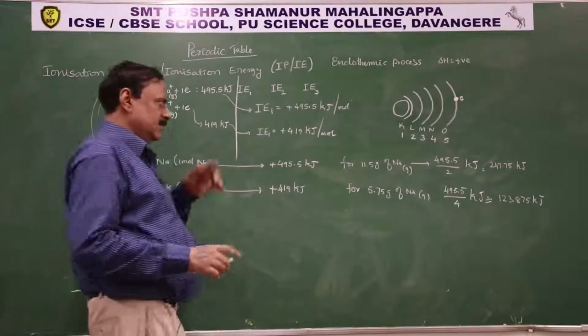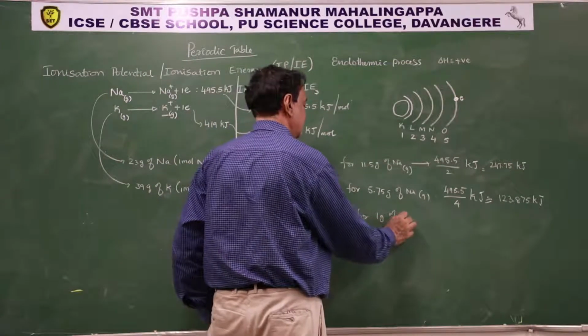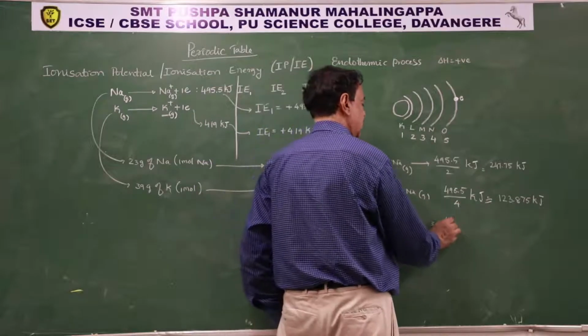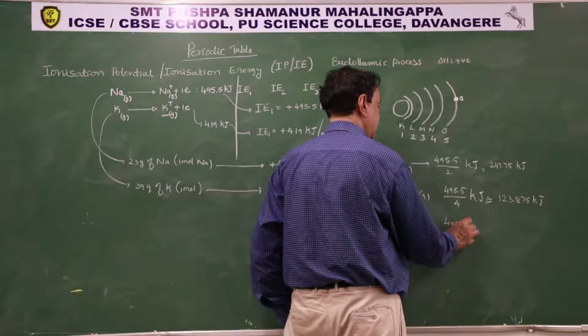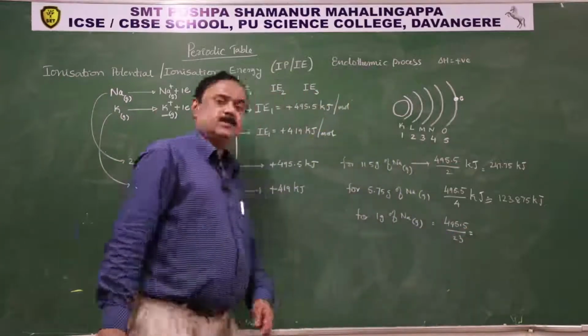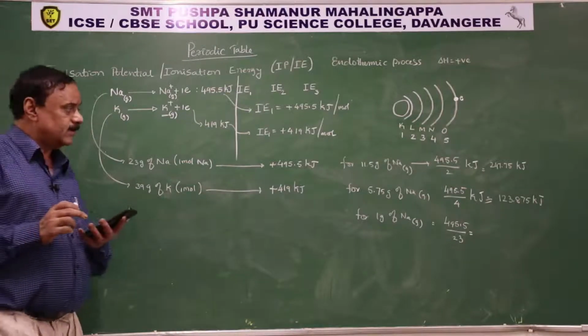For 1 gram, if they ask for 1 gram of sodium in the form of the vapor, then that is equal to 495.5 divided by 23. In your entrance exam, they will give the problems like this.